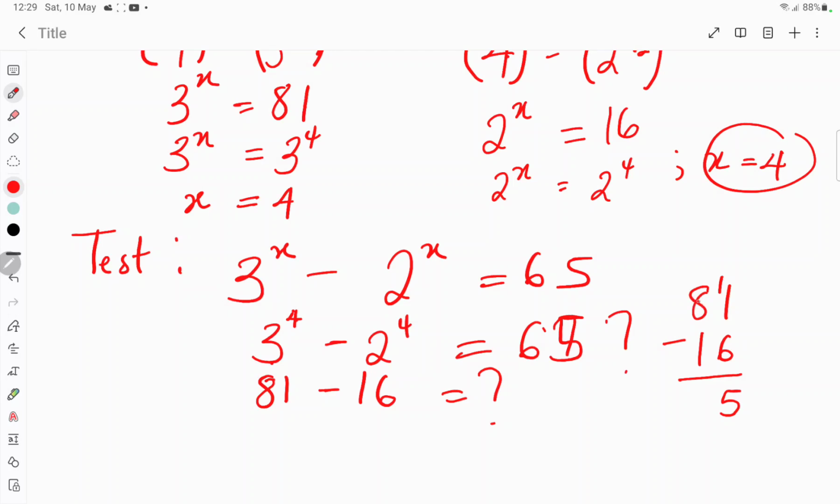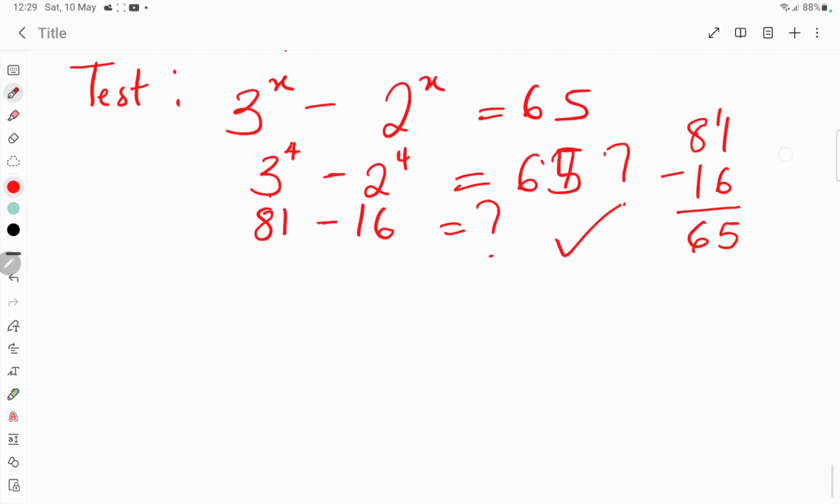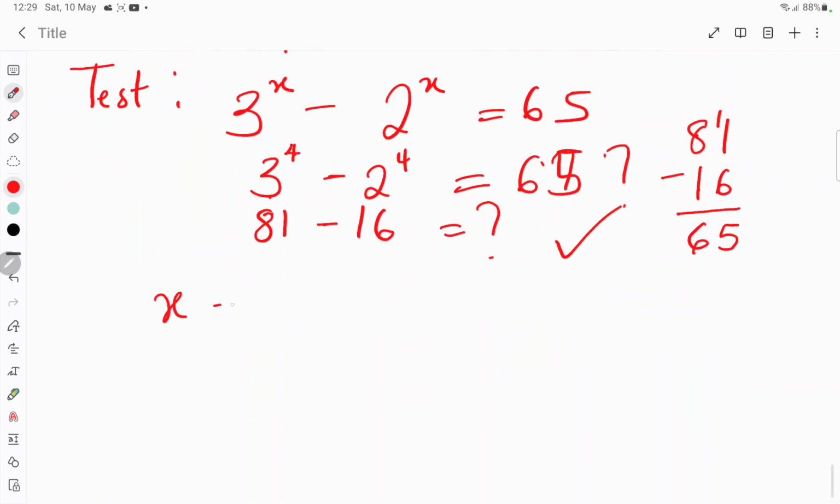Remaining 7, 7 minus 1 is 6. So 65. That means our solution is right for the value of x. This shows that x is equal to 4.